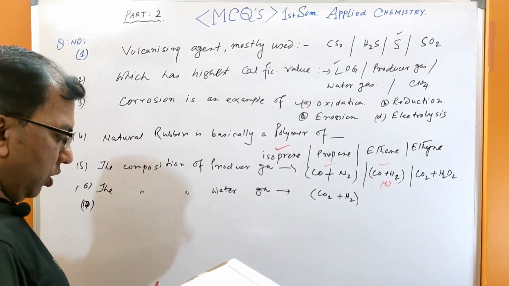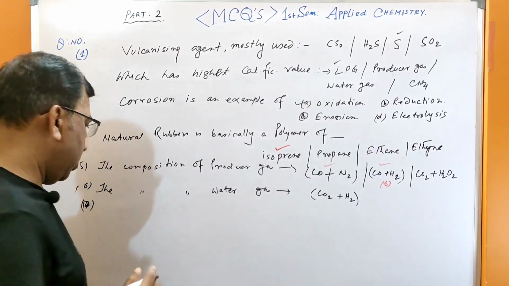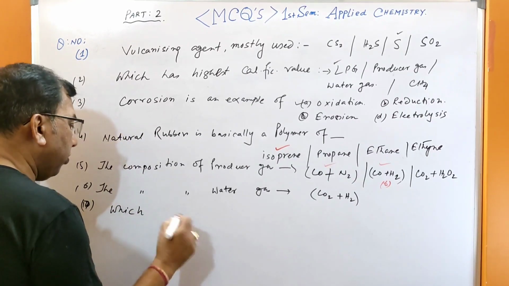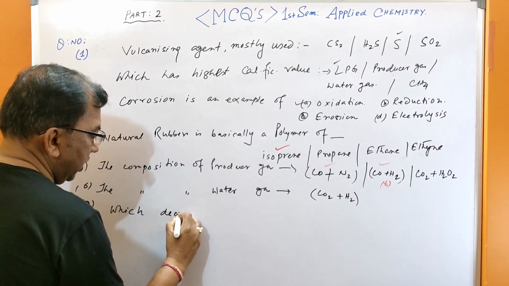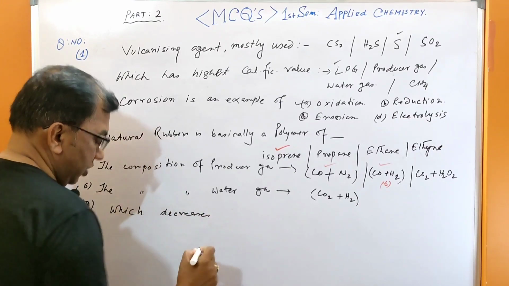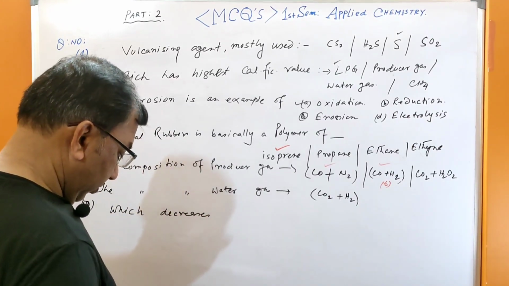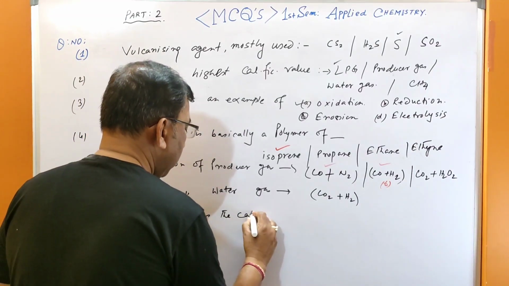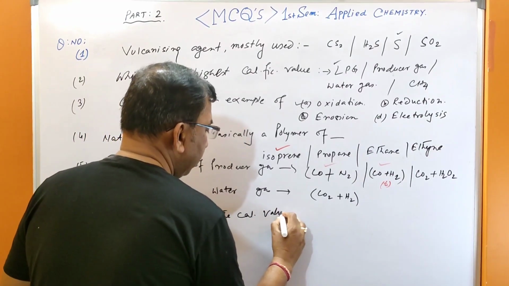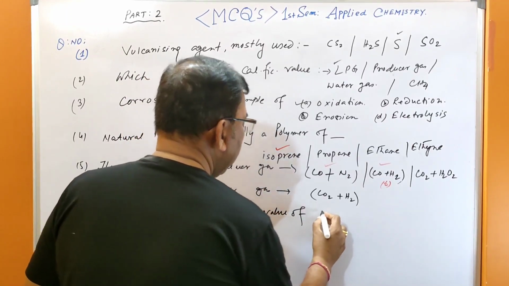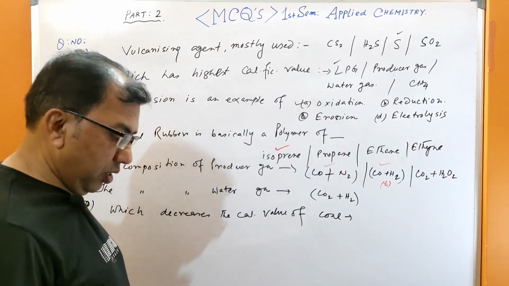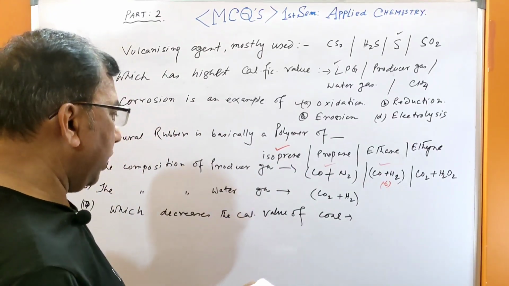Which of the following in coal decreases its calorific value?